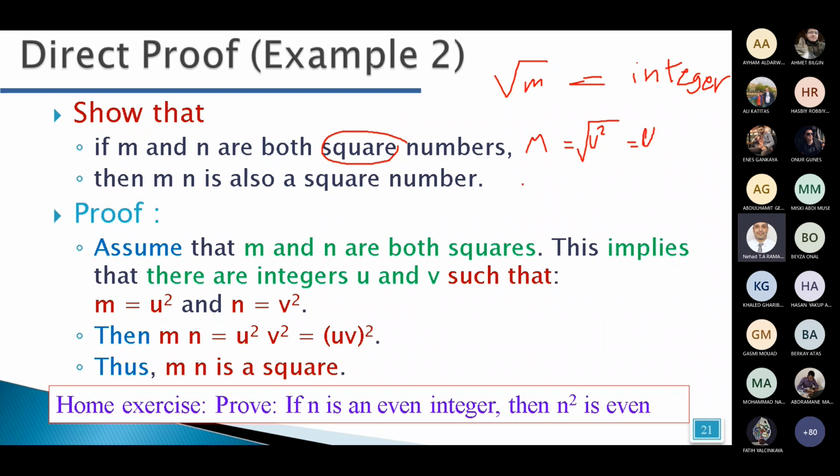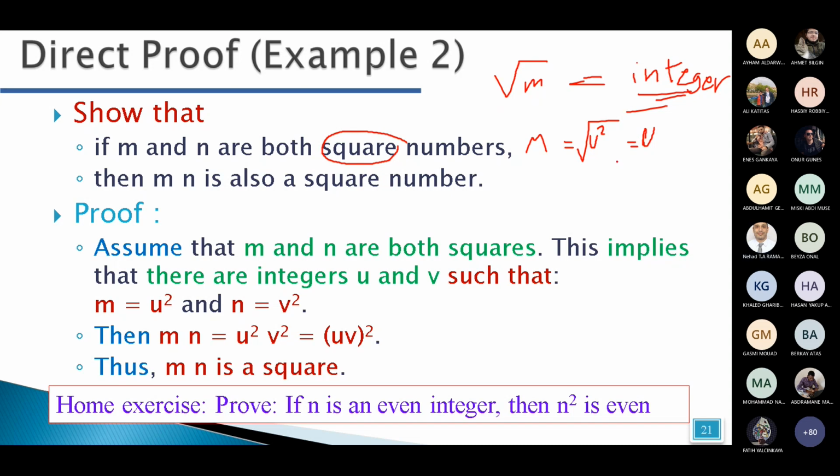Okay, so this is the meaning of m is a square number. Square numbers mean that when we take the root, we get an integer value, a value without any fraction, without any dot 5 or dot 4.